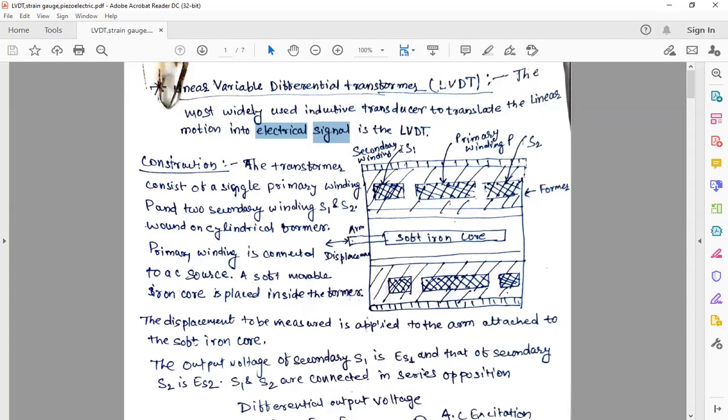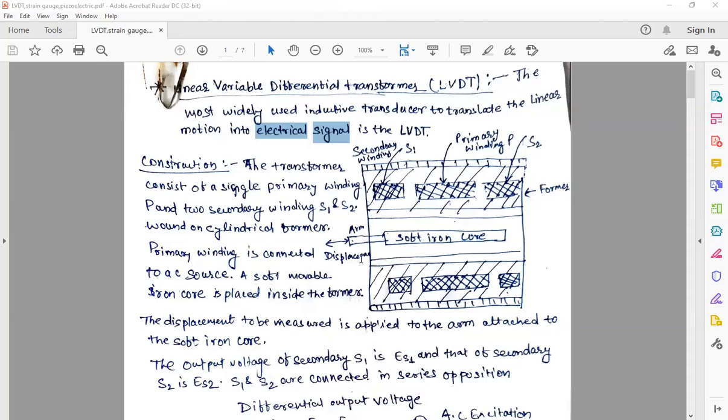Okay, so in an LVDT we have a fixed primary winding and a fixed secondary winding, but the secondary winding is divided into two parts, and we have a movable iron core. The transformer consists of a single primary winding with two secondary windings, S1 and S2, wound on a cylindrical former.